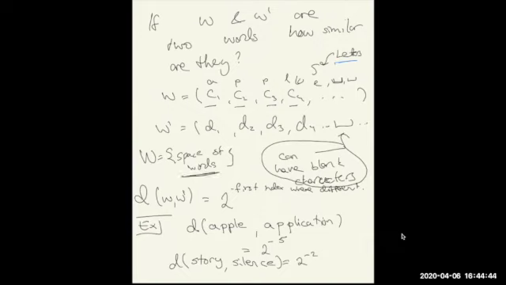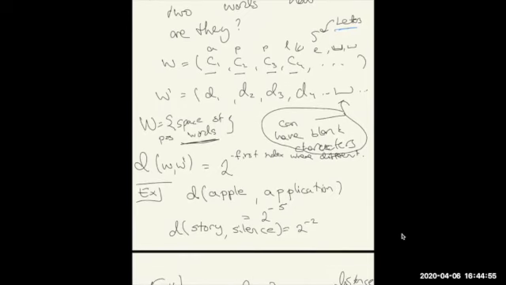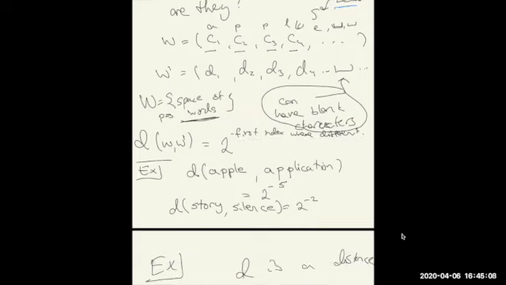And then we have a space of all words. Now this means the space of all possible words, or you could restrict it to the space of all words in a given language. And there is a neat metric to define: taking 2 to the power of minus the first index where these words are different. This is better understood through applications.